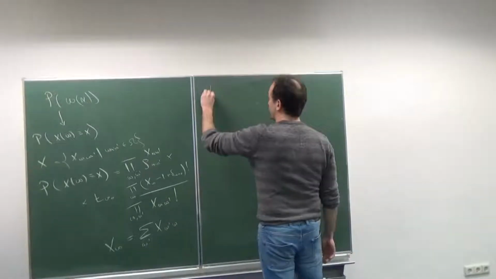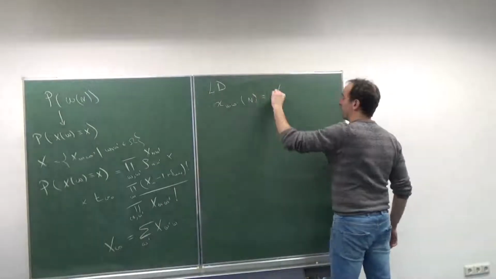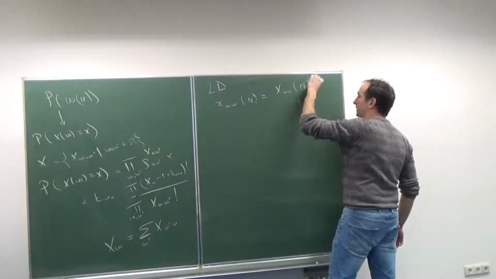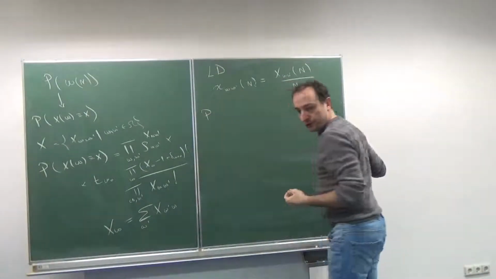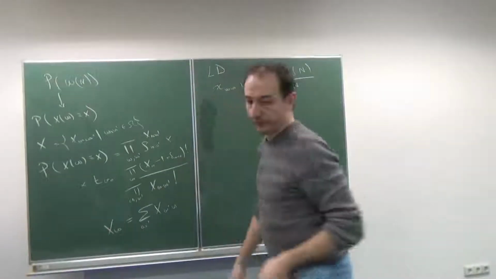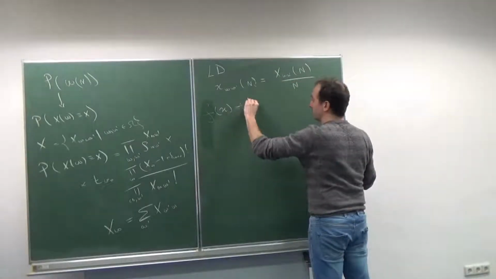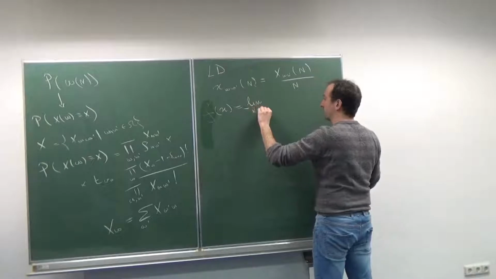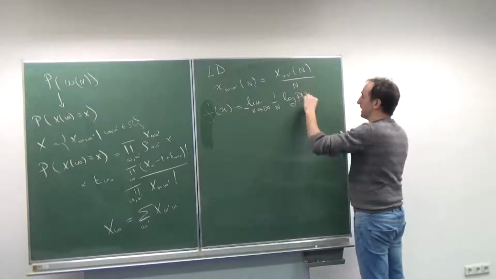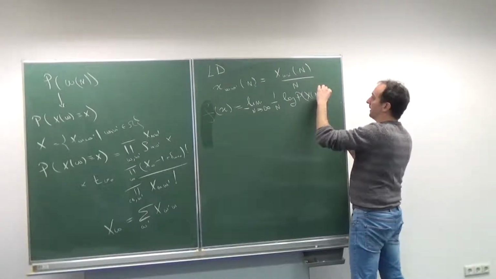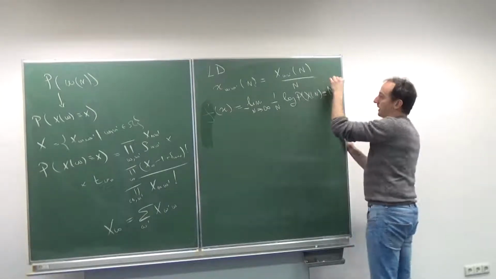So again, now large deviations, we take empirical frequencies, x omega omega prime of n equal to x omega omega prime n over n, and now we look at the probability. The definition of the rate function, as usual, is f of x equal to minus the limit for n to infinity of 1 over n logarithm of the probability that the x big of n takes values x.